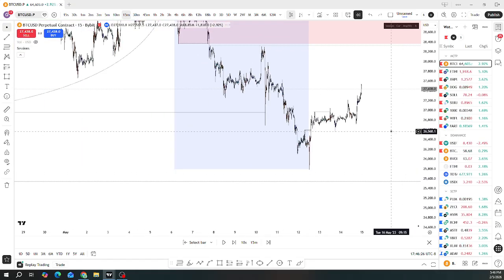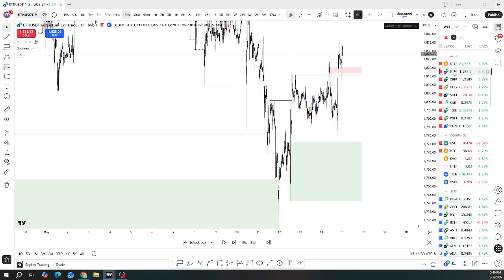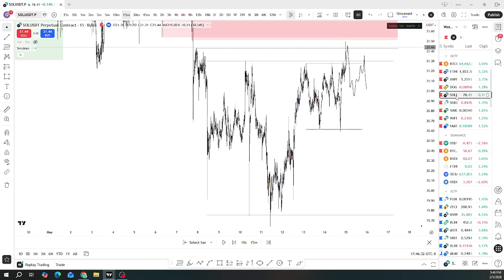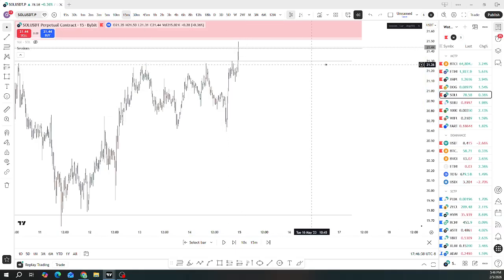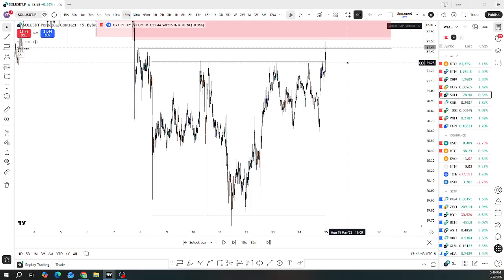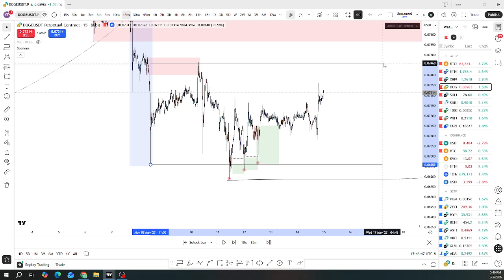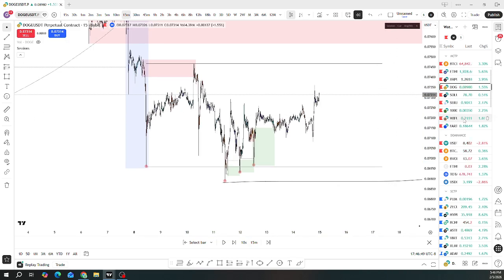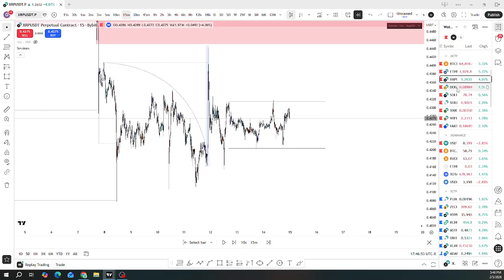Yeah, we're expanding up. Seeing what the other pairs are doing. Solana swept the low prior to expanding up. So Solana completed its accumulation. Doge still working its way up, taking its time for sure. XRP just ranging.